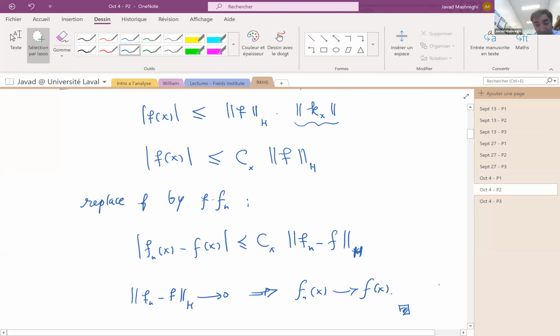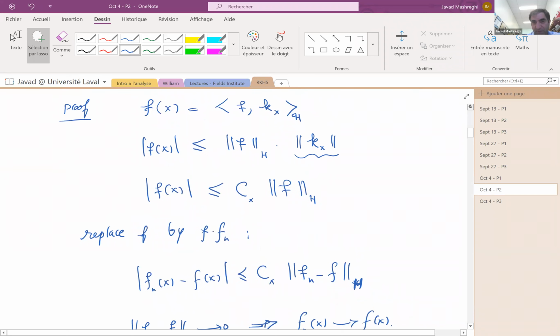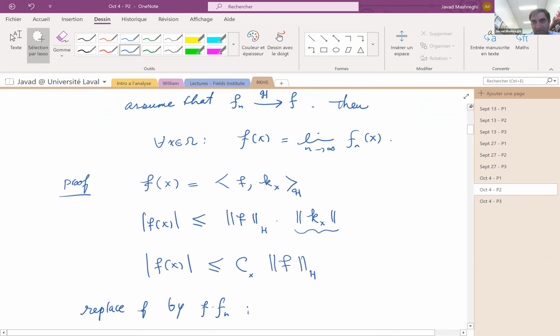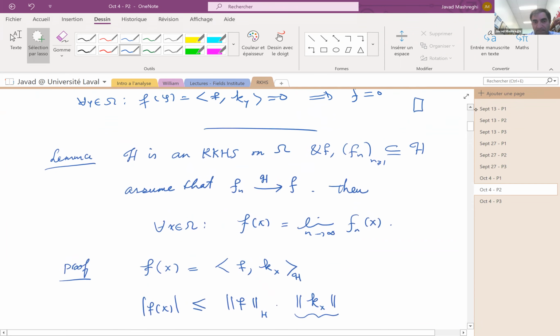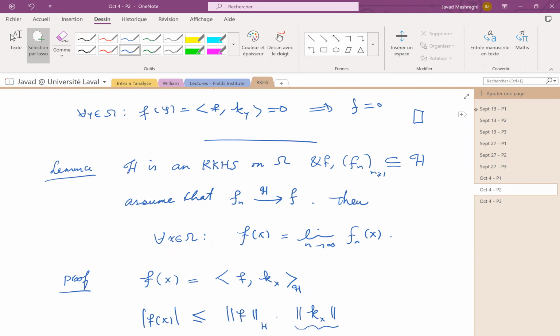It's a proof. There is nothing wrong in it, but I believe such a detail is not needed, because let's go back to the statement of the lemma. So we know that evaluation maps are continuous, right? We know the evaluation maps are continuous.